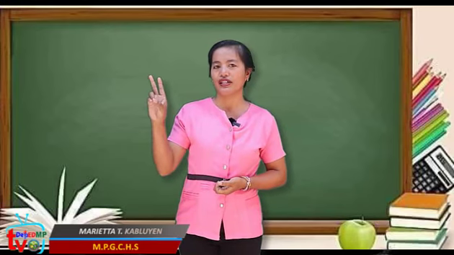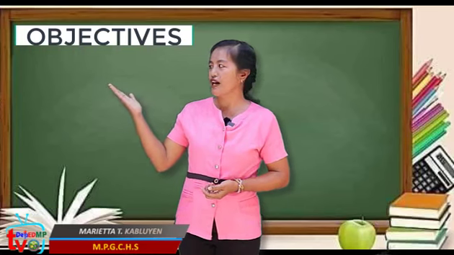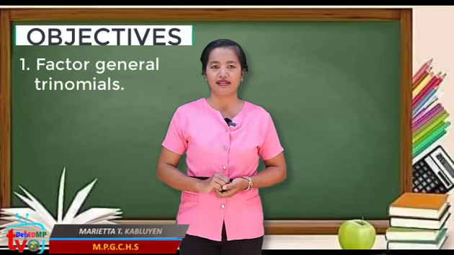Our topic this week culminates the lesson on factoring polynomials. It is composed of two learning competencies merged for this week. Thus, you are expected to, first, factor general trinomials.